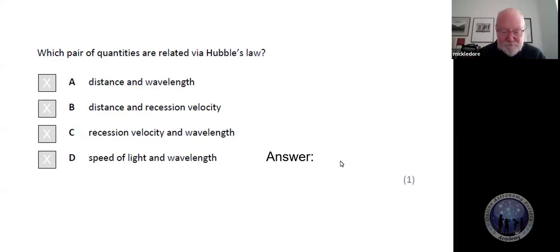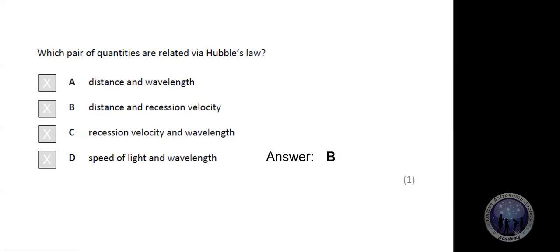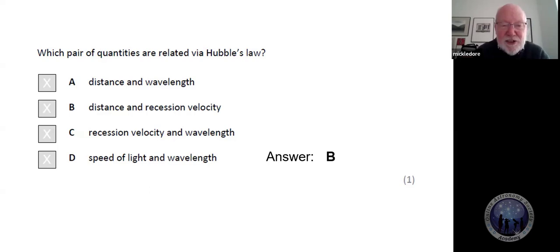It's B. Wavelength doesn't come into it. So the recession velocity is equal to the Hubble constant times distance.